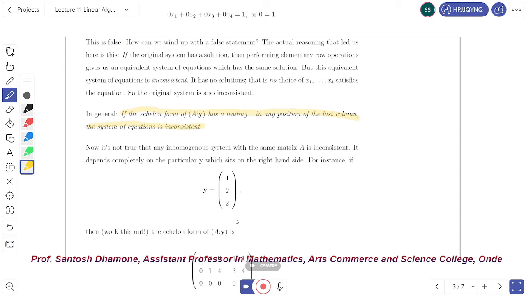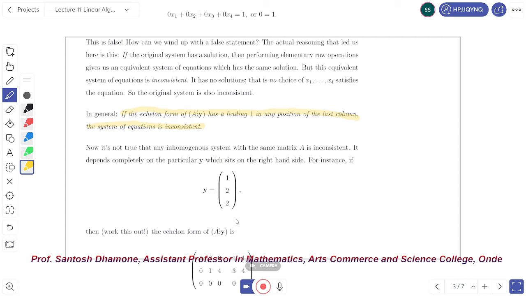This last equation is 0x1 plus 0x2 plus 0x3 plus 0x4 is equal to 0. That means 0 is equal to 0, and this is true. Therefore, this system is consistent and has a solution.